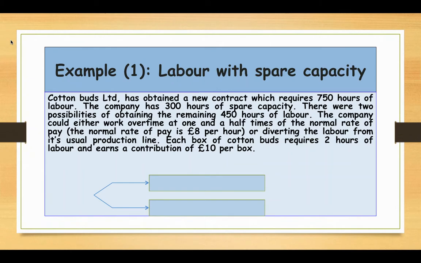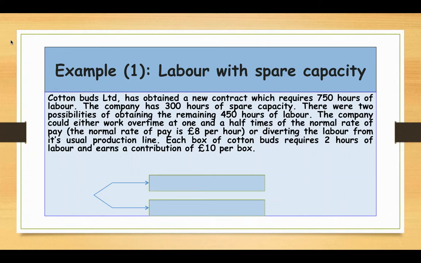There were two possibilities of obtaining the remaining 450 hours of labor. The company could either work overtime at 1.5 times of the normal rate of pay, and the normal rate of pay is given, or divert the labor from its usual production line.